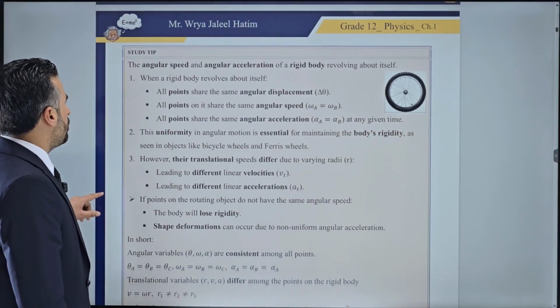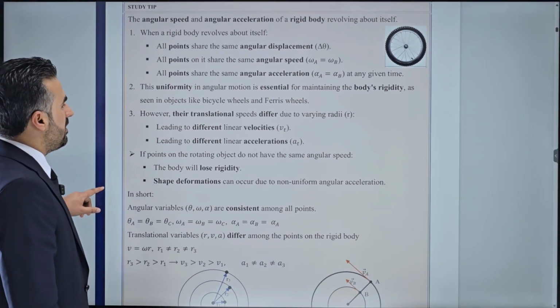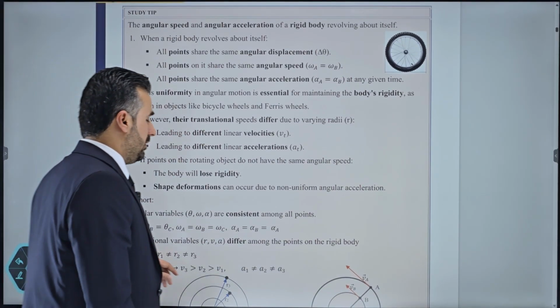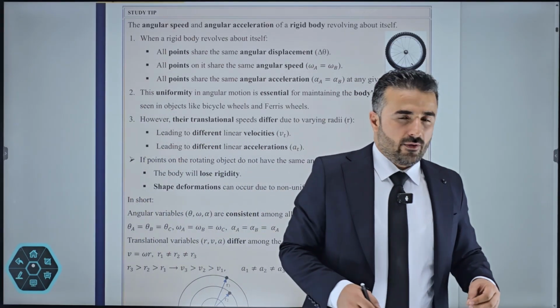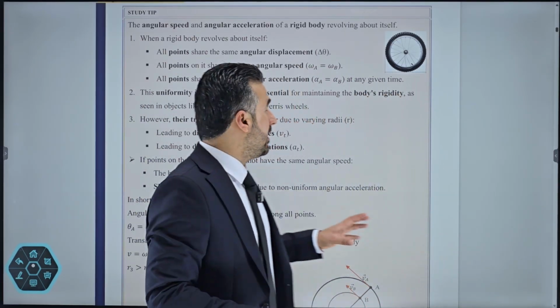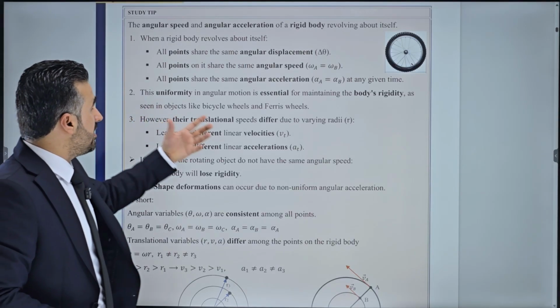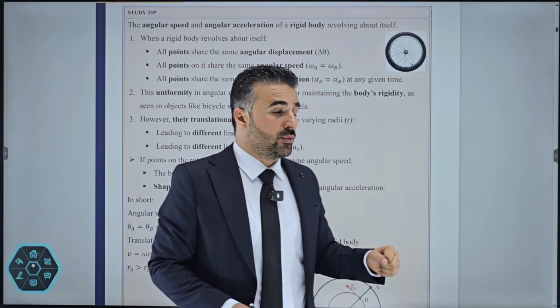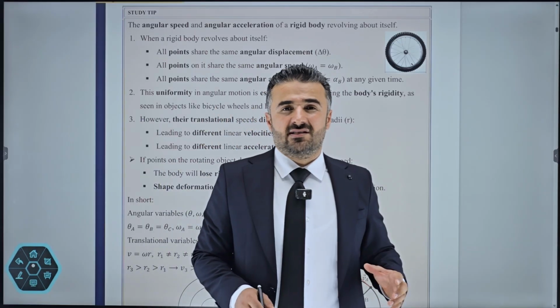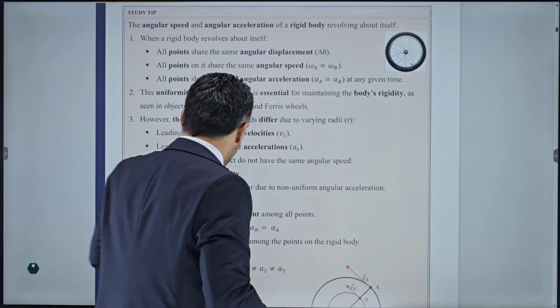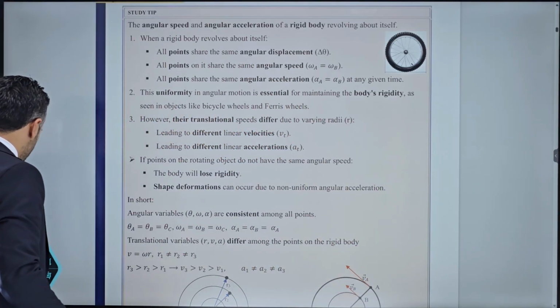All right, now here's one thing that I would like to go through. Okay, now what are we going to talk about here? It is a study tip about the angular speed and angular acceleration of a rigid body revolving about itself. So I want you to think about, for example, a disk or maybe a plate.